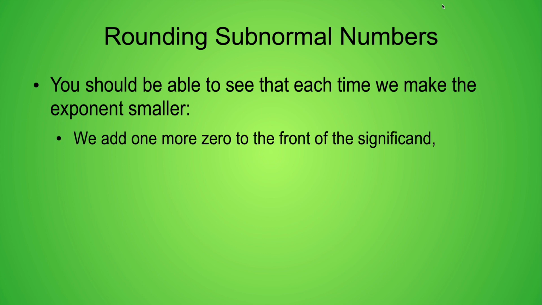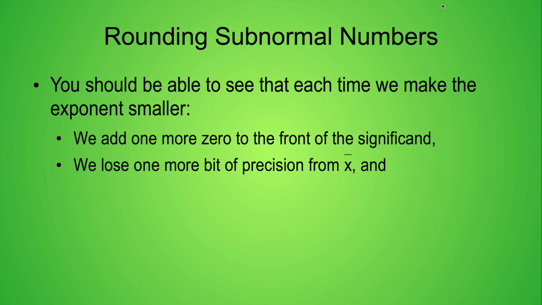We add one more leading zero, one more bit migrates out of x bar, causing more loss of precision, and that bit moves into y bar. This covers the range of exponents from emin minus 1, that is -15, down to emin minus nsig, that is -24. Now it's time to look at exponents even smaller than -24.